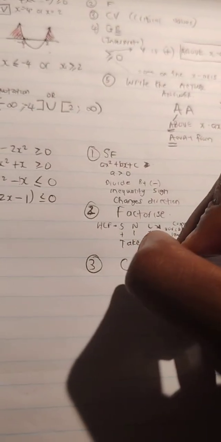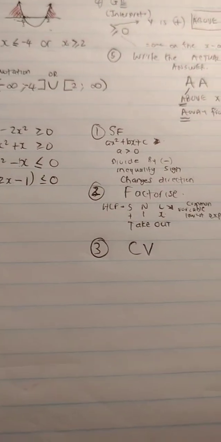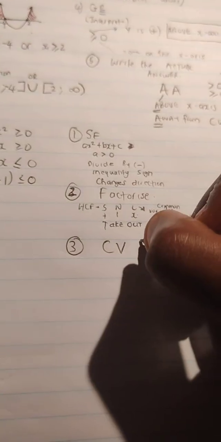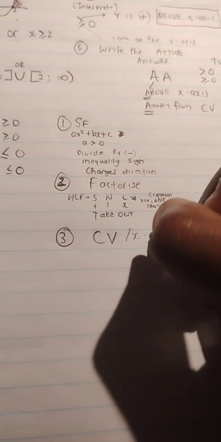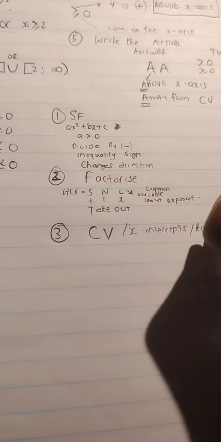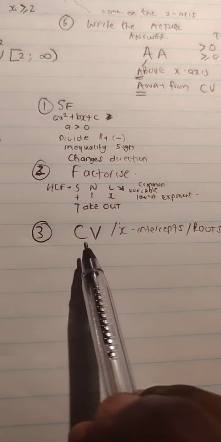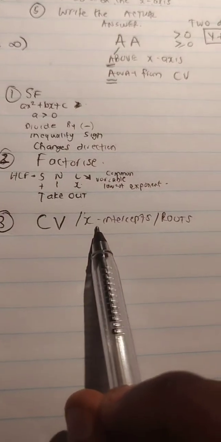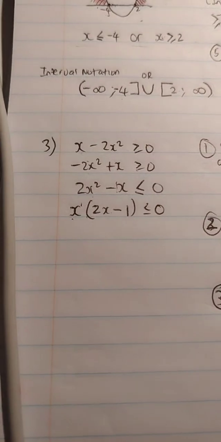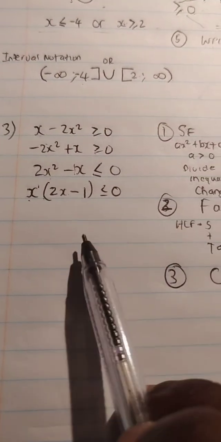You are now going to write down the critical values. What did we say are critical values? Critical values are the x-intercepts, or what we refer to as the roots of the equation. So what are we saying in other words? We are going to write down CV.